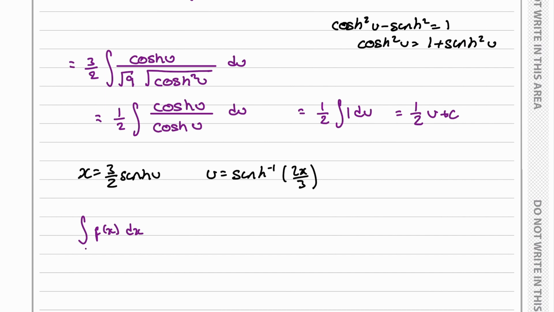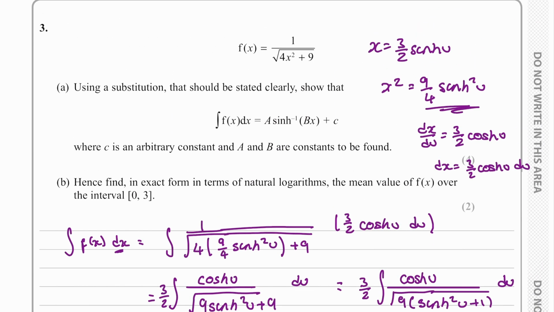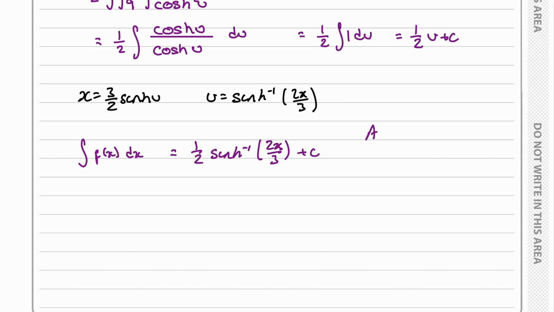So we get the integral of f of x with respect to x will equal 1/2 of arcsine of 2x over 3 plus the constant term. So if we go back to our question, we've worked out a and we've worked out b. A is 1/2 and b is 2 over 3. Okay?